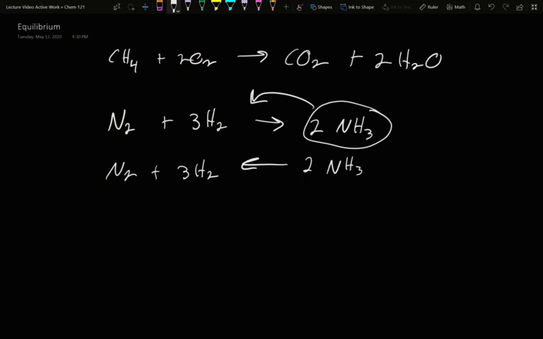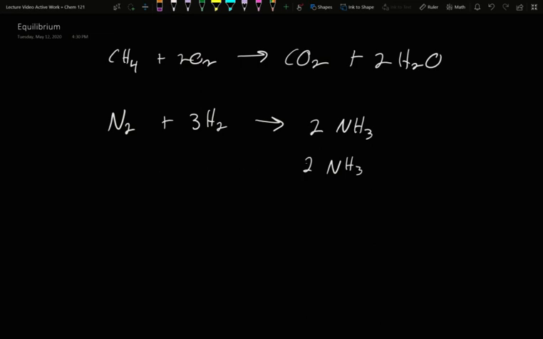What this means is that if you start with nothing but nitrogen and hydrogen, let's say you had 100 dinitrogens and 300 dihydrogens and no ammonias, you could go forward. You could say, hey, react one: go down to 99 of these, go down to 297 of those, make 2 of these.